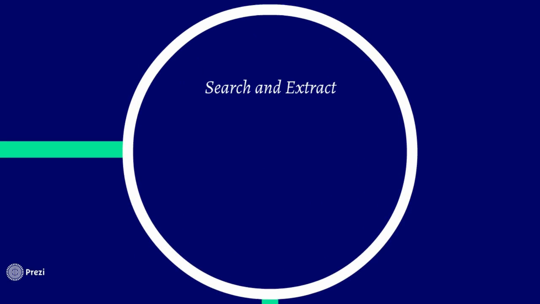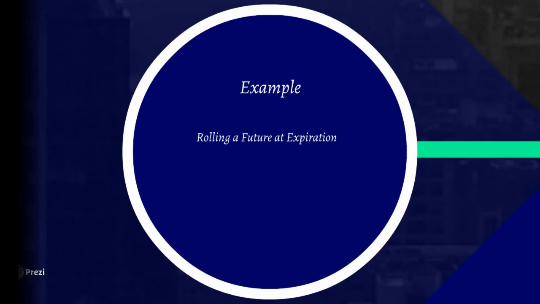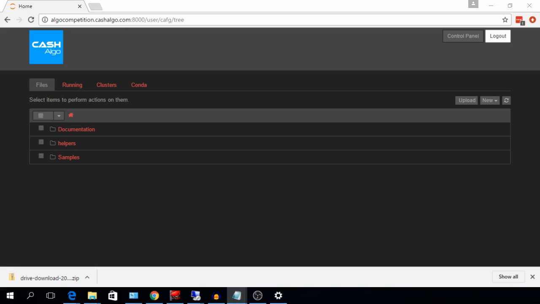Now we will move on to the hands-on lab, and we will show you how to search and extract data from the catalog. And then we will show you how to write a function in order to roll over a future once it expires. Let's start by opening a new document and importing the CAFG library as usual.